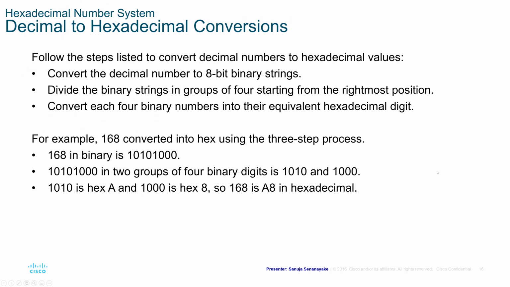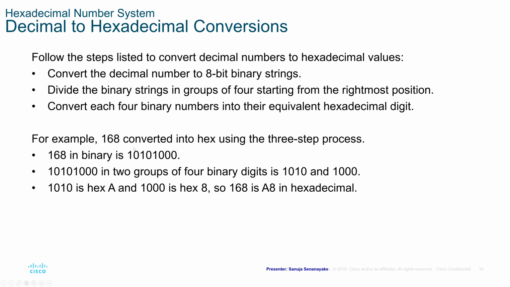Decimal to hexadecimal conversions follow the steps listed here. How it works is we convert the decimal number to 8-bit binary strings, divide the binary strings into groups of 4 starting from the rightmost position, and convert each 4 binary digits into their equivalent hexadecimal digit.